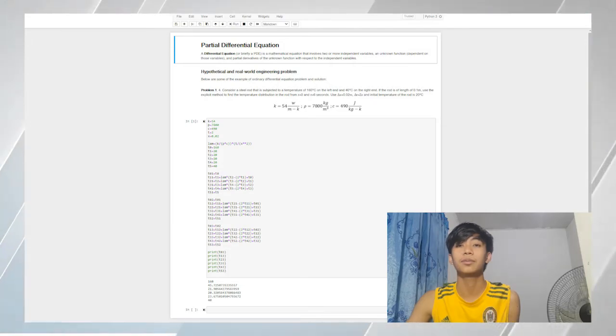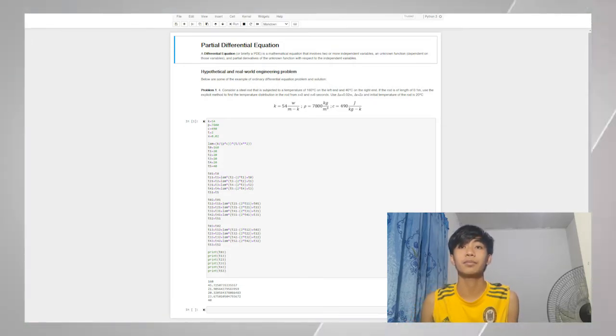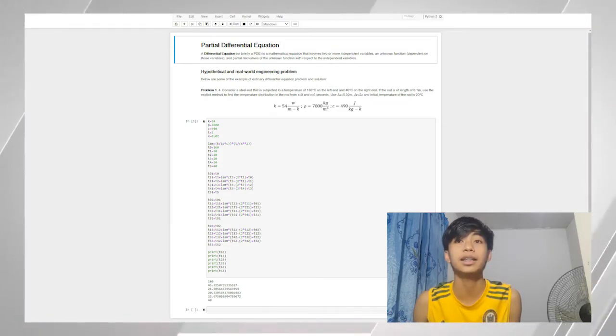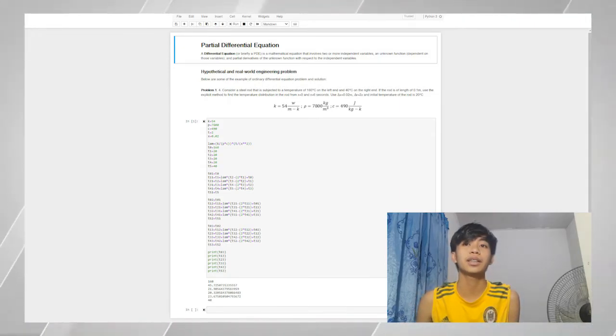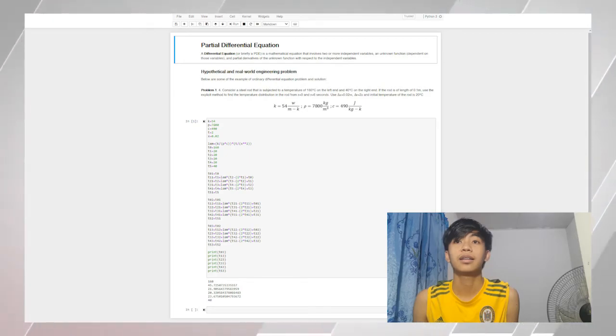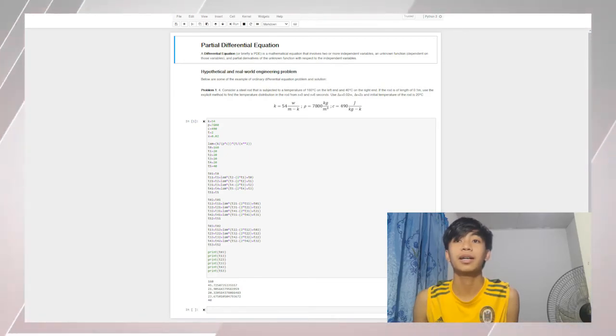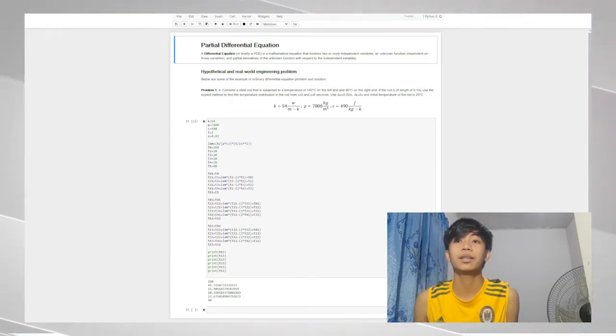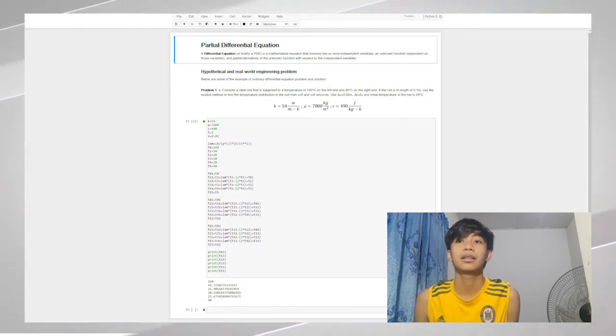So, dito po sa problem na parabolic PDE, sinabi dito na since the explicit method is written as T sub i raised to j plus 1 is equals to T sub i raised to j plus lambda multiplied by T sub i plus 1 raised to j minus 2T sub i raised to j plus T sub i minus 1 raised to j.